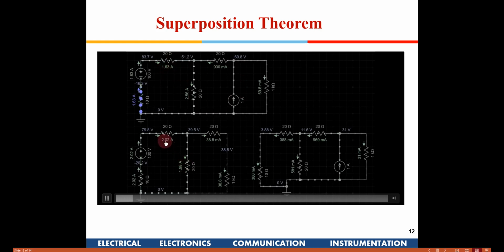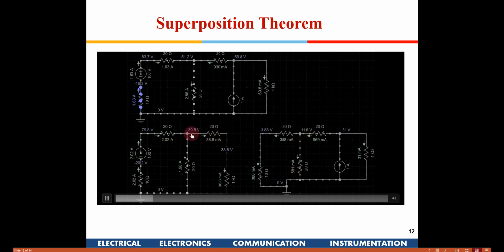Here it is 2.2 ampere, and this is 388 milliamperes in the reverse direction. So if I subtract 388 milliampere from 2 amperes, I will get 1.63. If you see the voltage across this is 39.5, whereas in this it is 11.6.